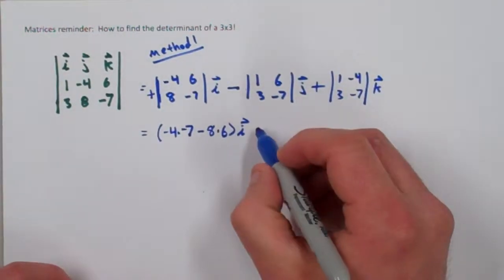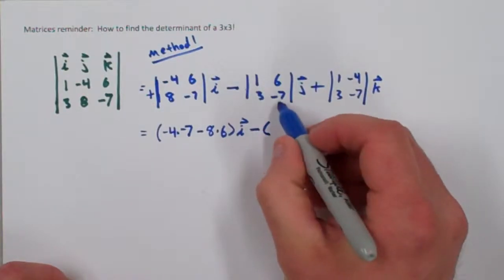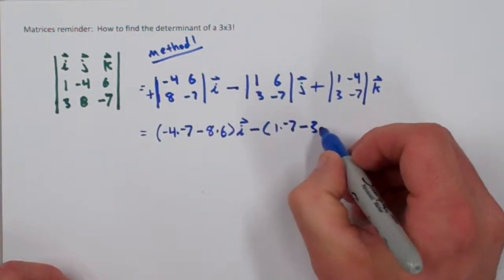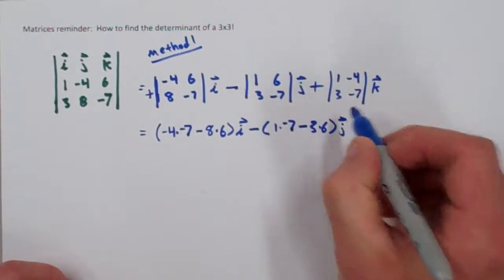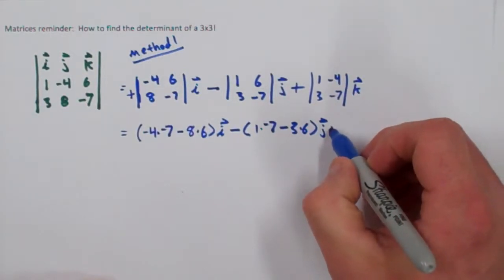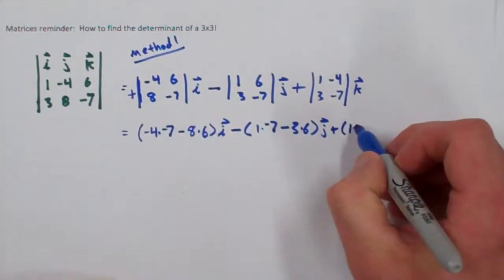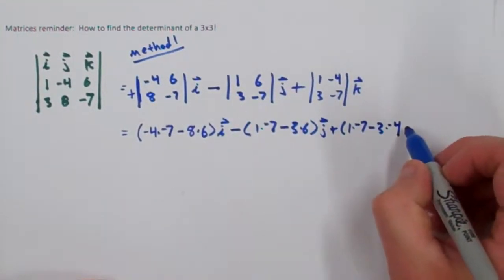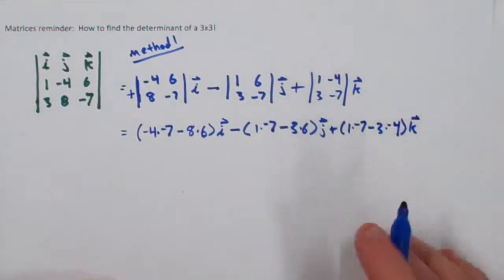The next one is going to be 1 times -7, and then minus 3 times 6, and there'll be a J there. And then for the next one, it's going to be plus here, and then you're going to have 1 times -7 minus 3 times -4, and there'll be a K on the outside there.